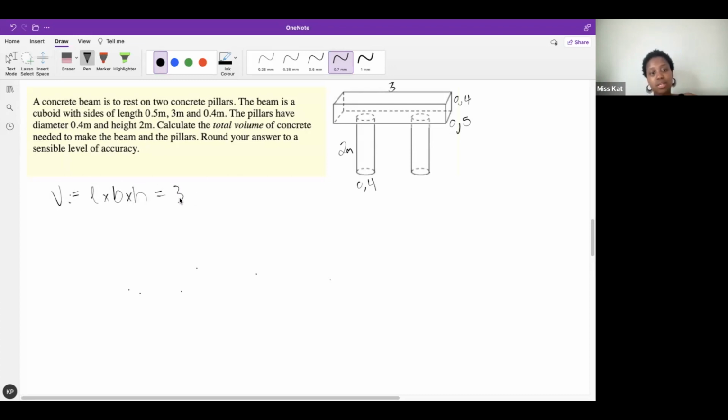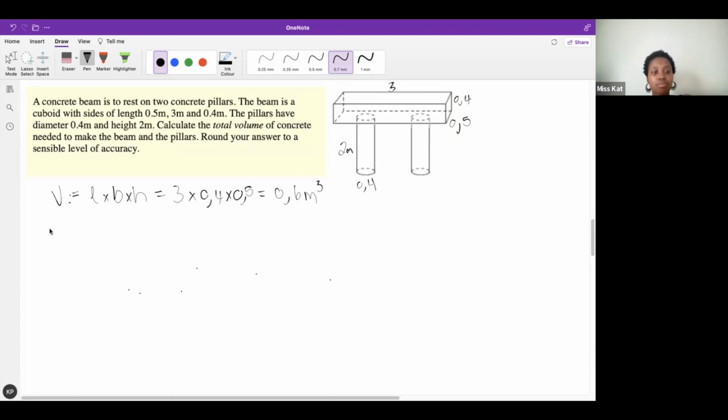So it's 3 times 0,4 times 0,5, and that gives us, I would say 0,6. Can we have someone verify that? Wonderful. Okay, now we have 2 cylinders, okay?